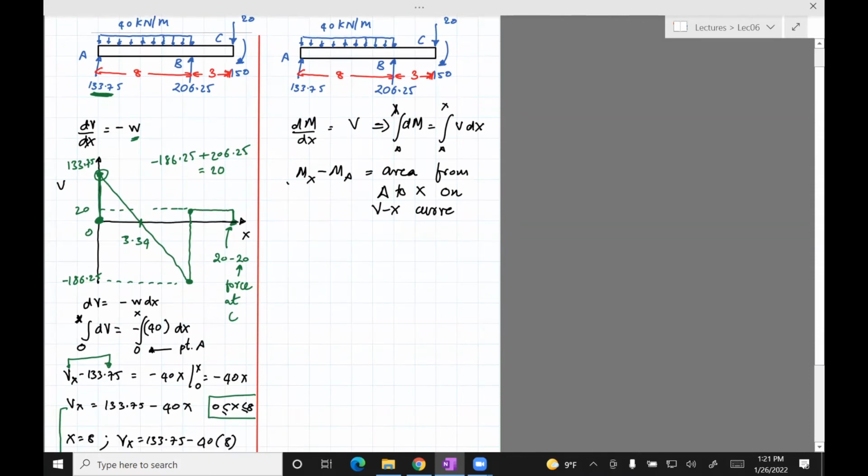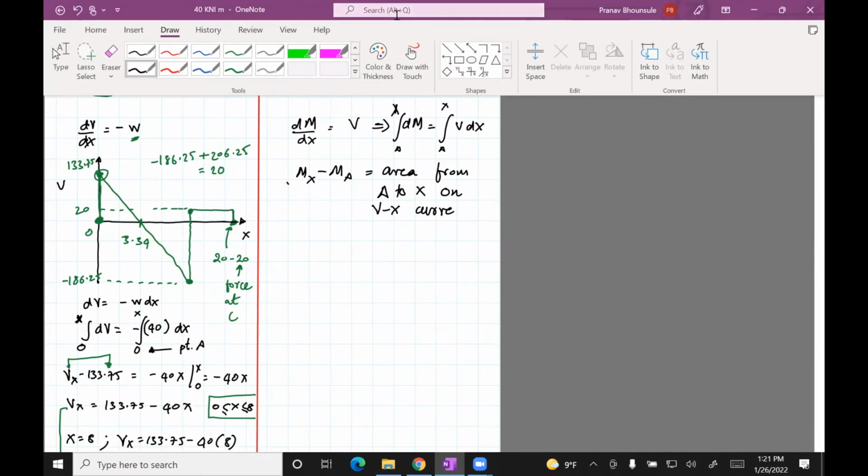The beauty of this is that this equation can be used to solve for the moment diagram without actually writing any equations. Just by reasoning about the area under the V(x) curve, we can draw the bending moment diagram. I'll show it to you in just a bit.